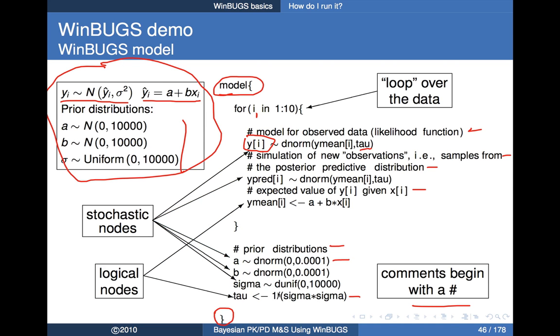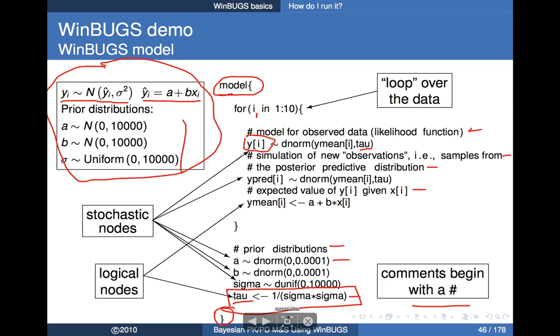So that's what I've written here, 1 over sigma times sigma, and assign that to the name tau. And this is where I first introduce the so-called logical nodes, which are nothing more than deterministic functions, and that's what we've got right here.